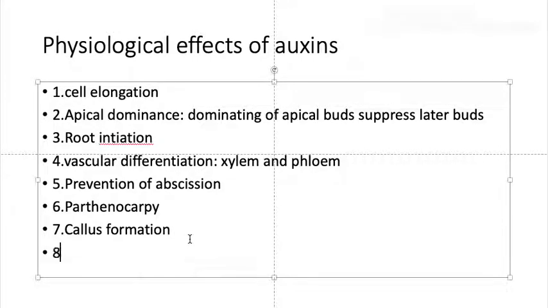Those are the main points. The last point is respiration. Auxins also stimulate respiration. When you add auxins, there will be a higher respiration rate. As you know, plants not only have photosynthetic ability, but they can also respire.